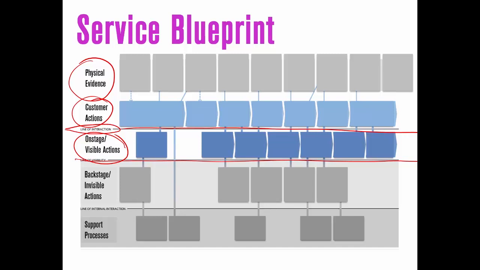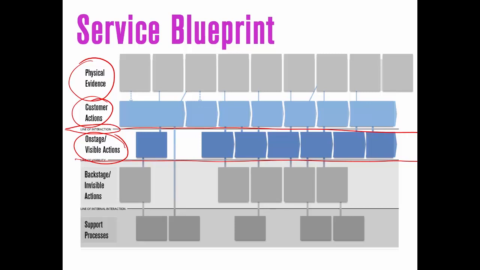All of the stuff that happens at that level, you signing, you giving your credit card, you taking the key, all of that happens above the line of visibility, and those are the on-stage or visible actions. It's referred to as on-stage because the services are unfolding on this stage, and the stage is the lobby of the hotel or the main entrance area of the hotel.